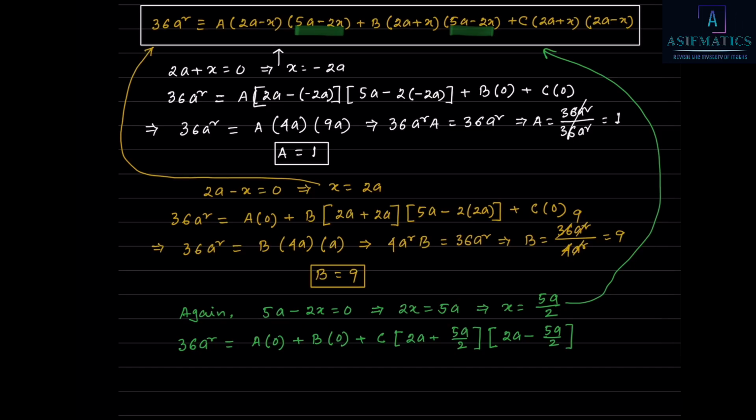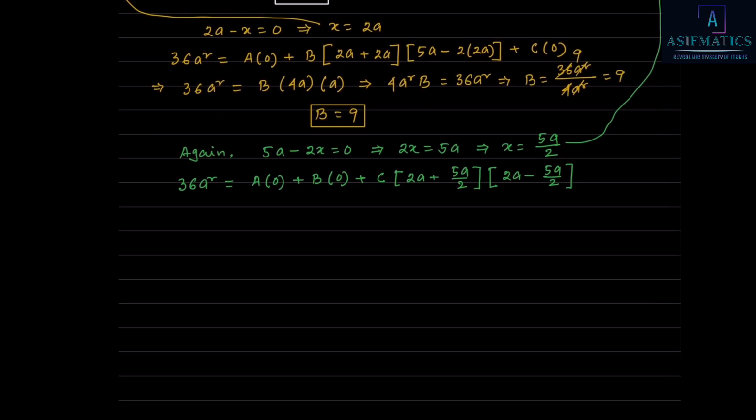Look at this: 2a plus 5a by 2, 2a minus 5a by 2.